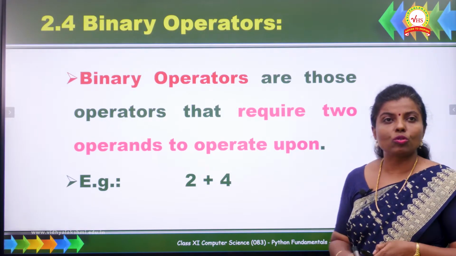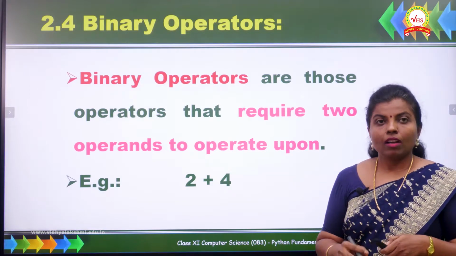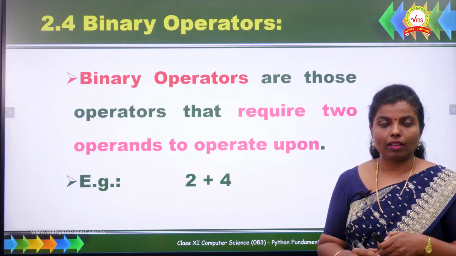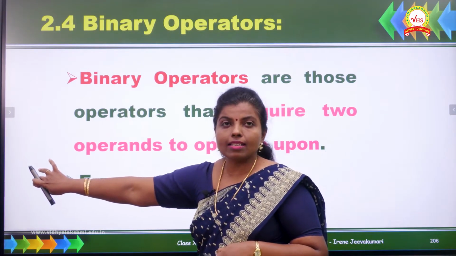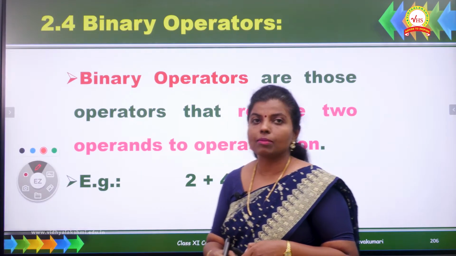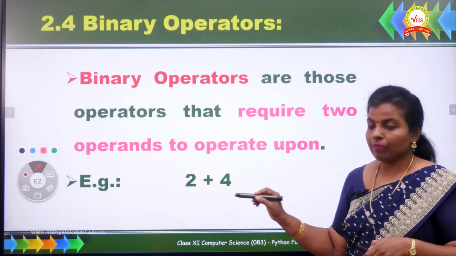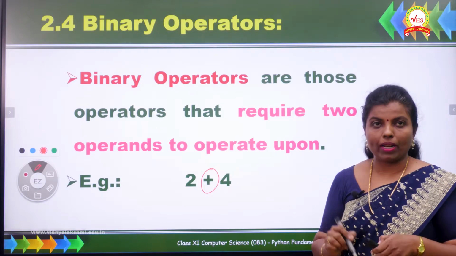Binary operators are those operators that require two operands to operate upon. If an operator requires two operands to operate upon, they are referred to as the binary operators. Let us see some examples for these binary operators. Here you can see 2 plus 4 is given. In this, the symbol plus is referred to as an operator.